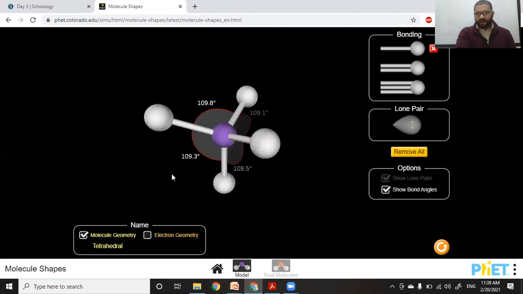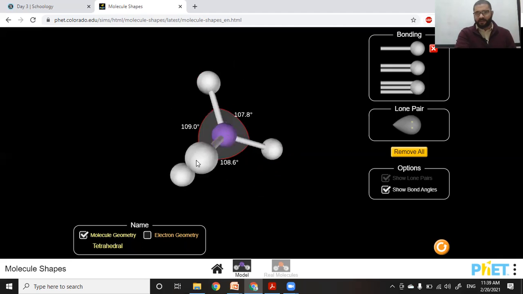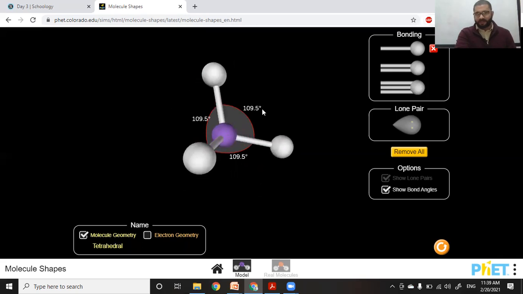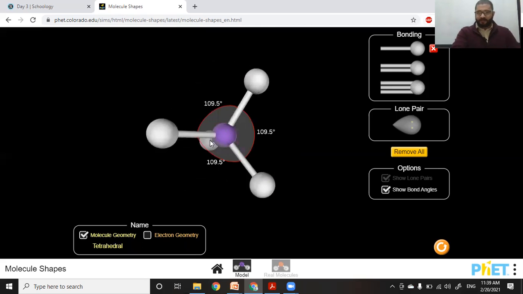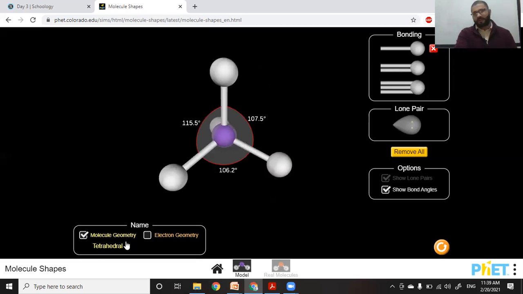At each possible angle, you can see that the bond angle will be 109.5 degrees. If I decrease it and then release the bonds again, they go maximum far apart from each other. The ideal position for this sort of molecule exists at a bond angle of 109.5 degrees, and we call this sort of structure a tetrahedral structure.